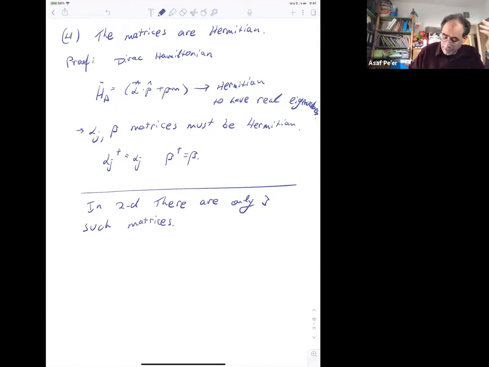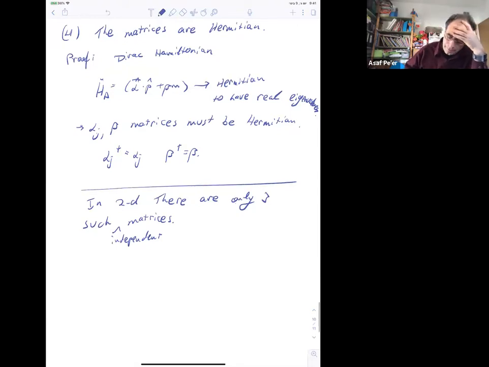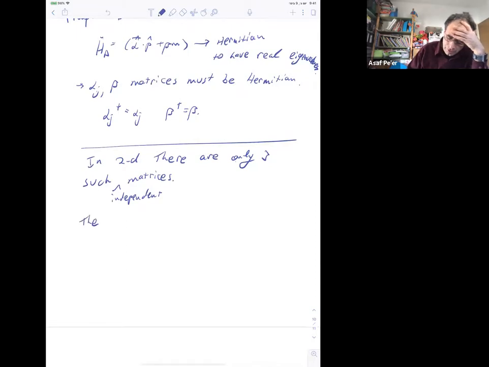Now we can make many choices of 3 independent matrices, but the most natural choice is the Pauli spin matrices.